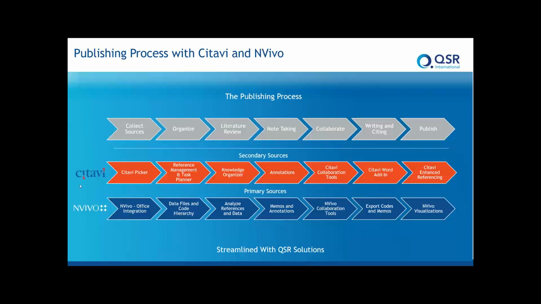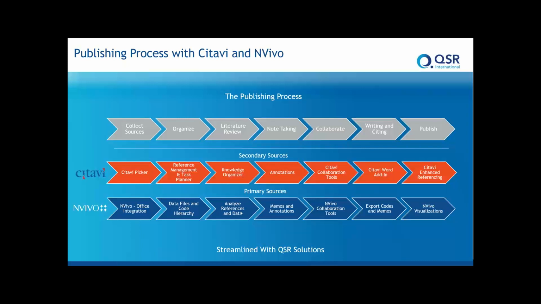But so Jenny just talked about how you can work with Citavi, and Citavi is really around your secondary sources, and with NVivo, it's more around your primary sources. So it's just showing how through the publishing process, when you collect sources, we have office integration, where you're organizing. You can use in NVivo your data files and your code hierarchy.